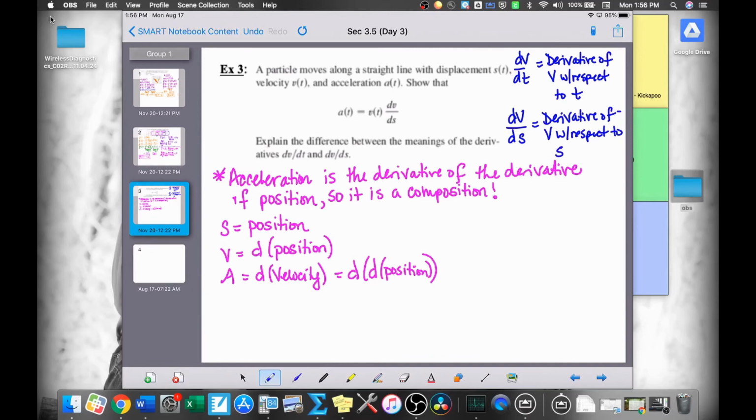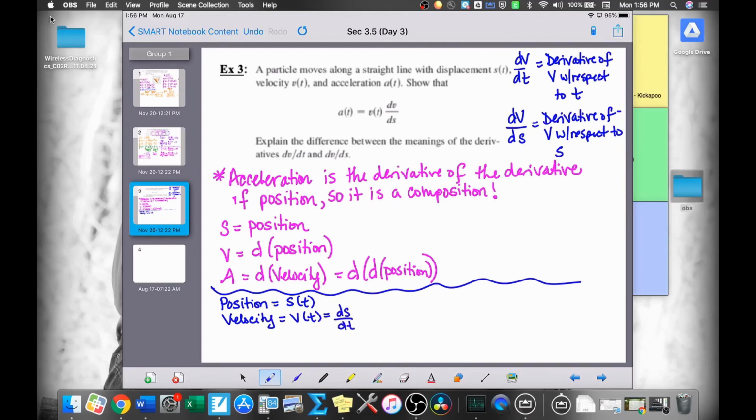So if we start with the fact that, and again, I'm just going to rewrite this, our position, that's our s of t function. And our velocity, that's our v of t function, which velocity, remember, is the derivative of position with respect to time. So that's going to be equal to ds/dt.